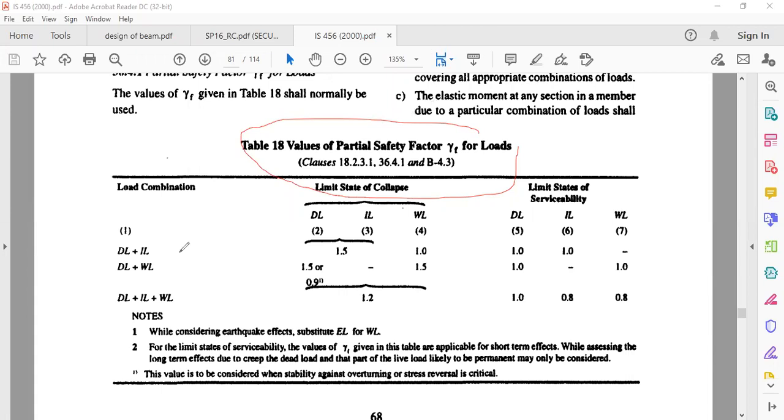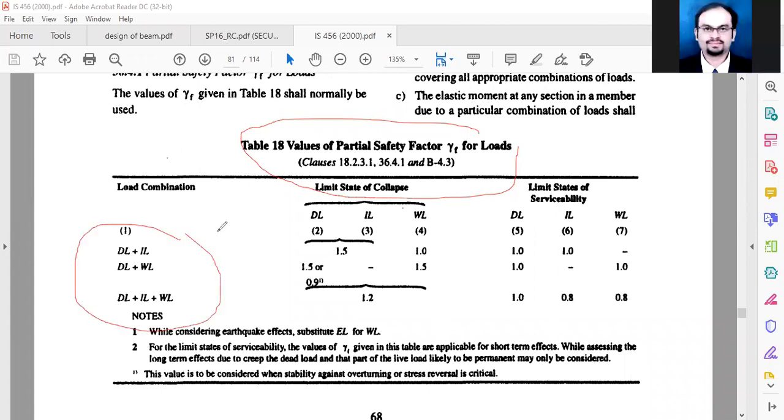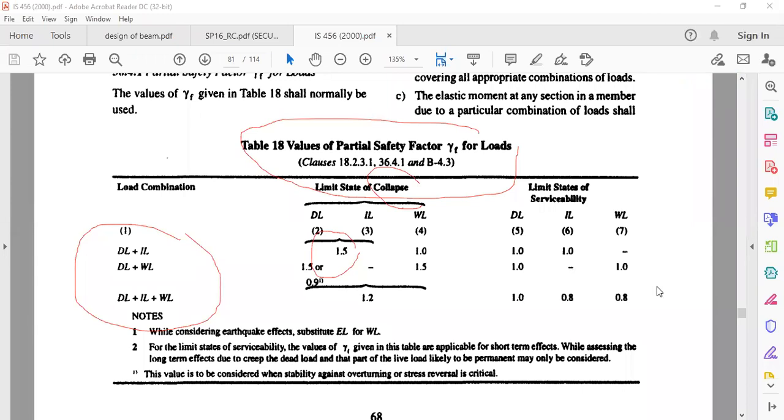In that case, you have to give certain load combinations, and for those load combinations you have to check the value of the partial safety factor when you consider limit state of collapse or limit state of serviceability.